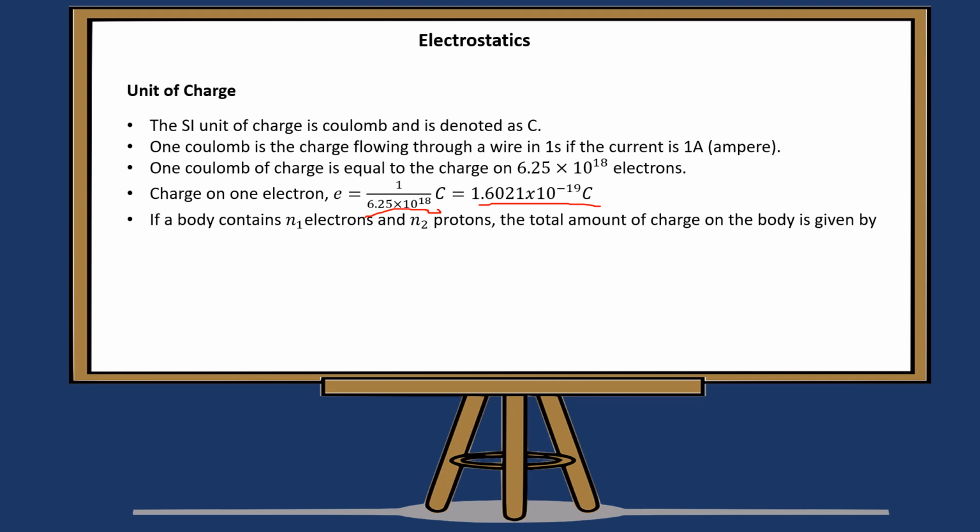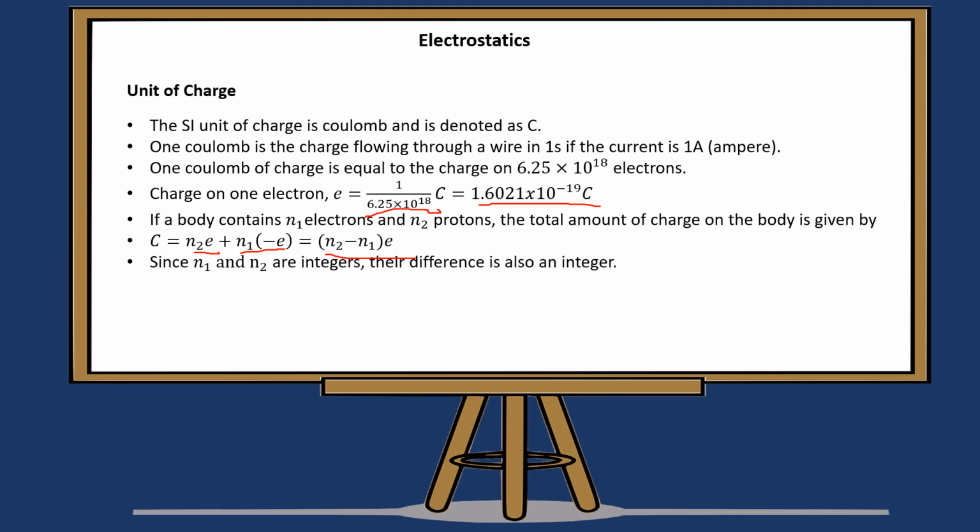If a body contains N1 electrons and N2 protons, electrons meaning negative charge, protons meaning positive charge, the total amount of charge on the body is given by q is equal to N2 e, positive charge, plus N1 into minus e. That is, total charge is equal to N2 minus N1 into e.